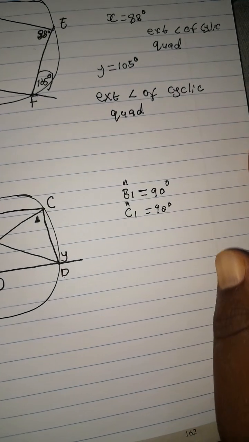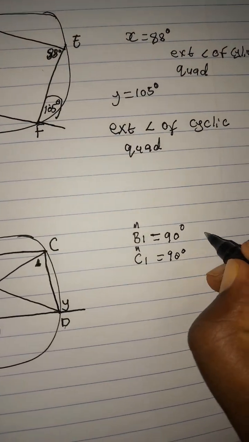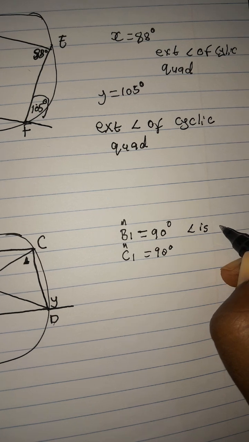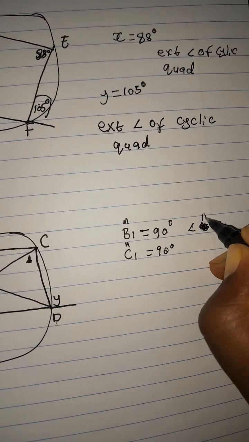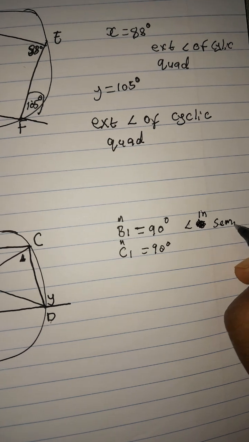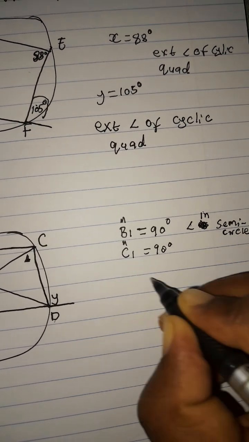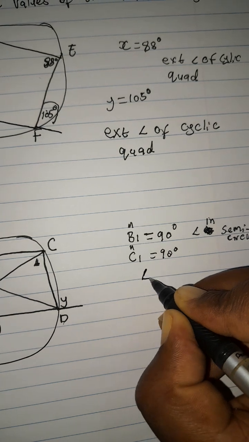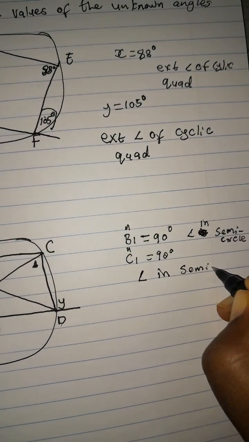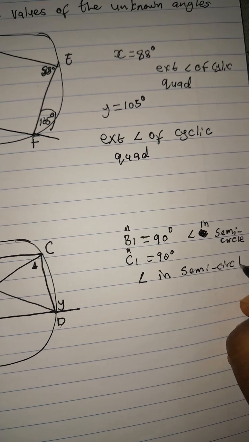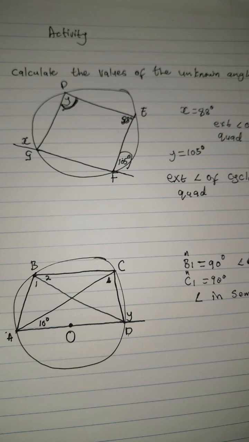What's the reason? Both of them are angles in a semicircle. Remember, guys, an angle in a semicircle forms 90 degrees because it forms a right triangle.